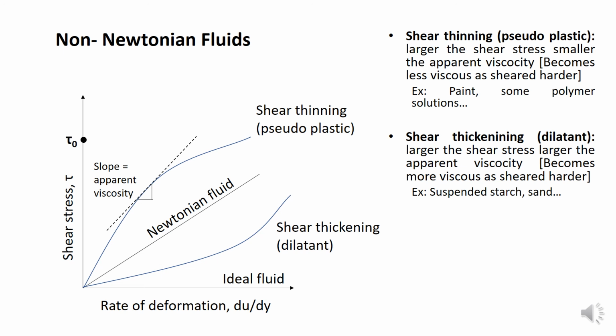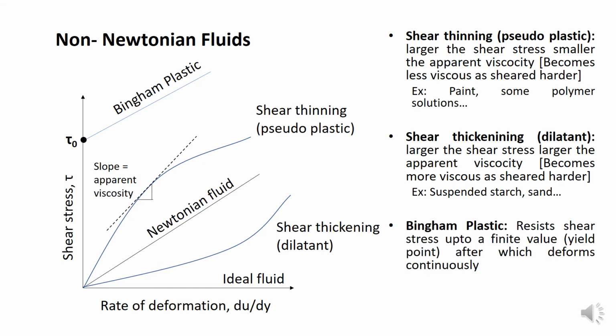Another case of non-Newtonian fluid is this: there will not be any deformation until the shear stress reaches a permissible limit. After that, it will act similar to a Newtonian fluid. Such fluids are called Bingham plastics.